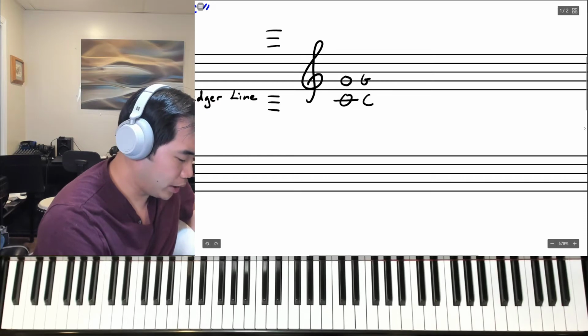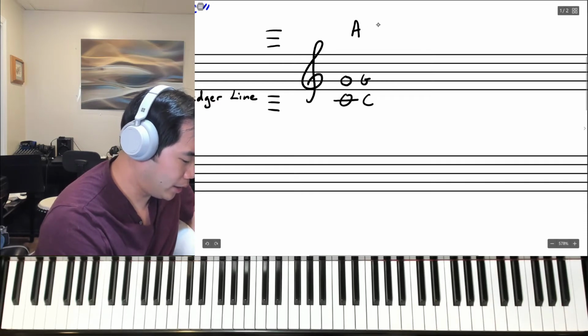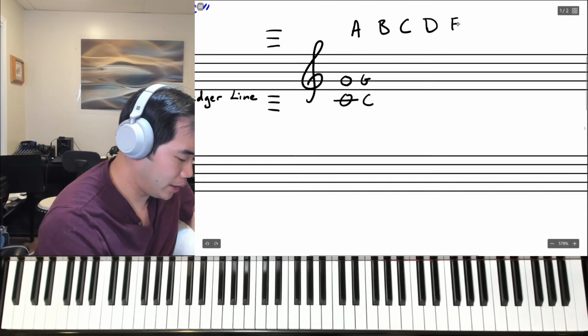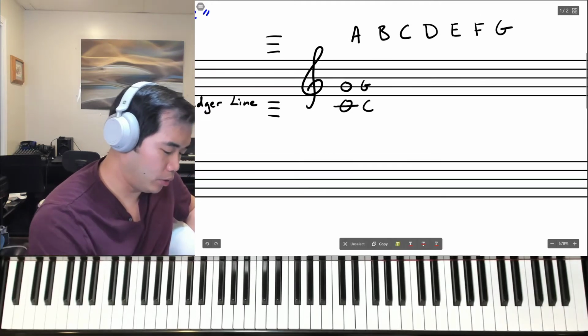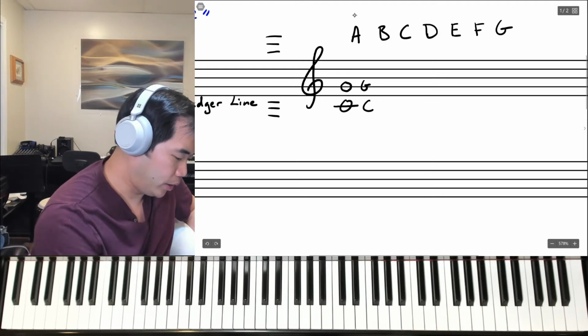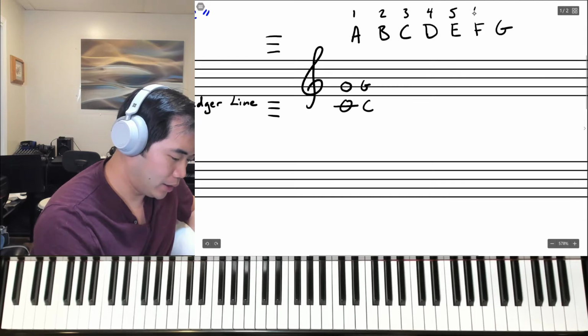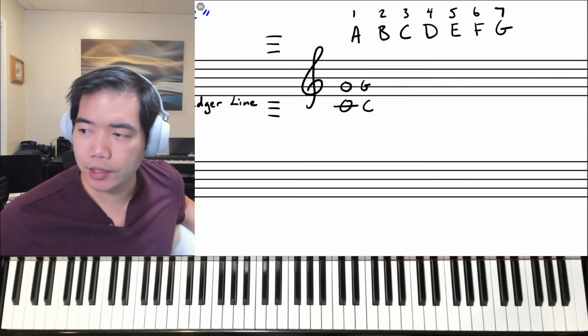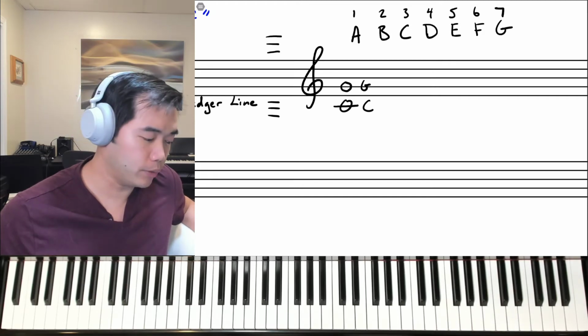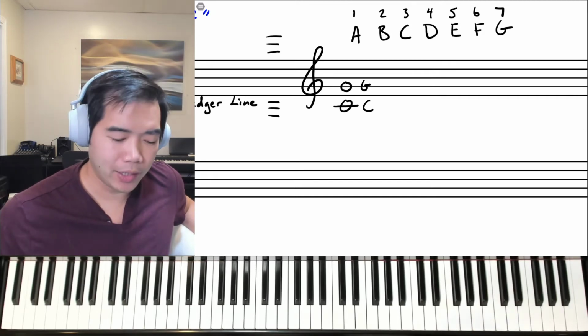So in music, we use the letters A, B, C, D, E, F, and G. If we count them, you'll notice there's actually 7 of them, right? 1, 2, 3, 4, 5, 6, 7. We actually only have 7 different notes in music. And they just repeat.